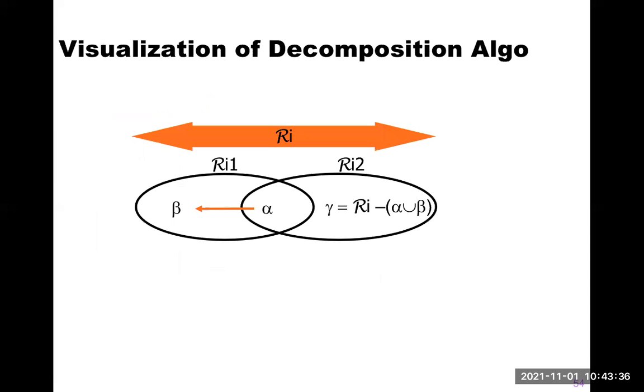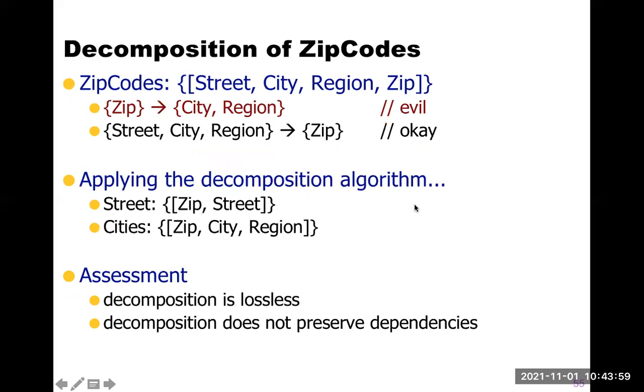So what's a way to decompose? We have a big table, and then we find one new table that consists of everything in one evil dependency, and the second part is here.